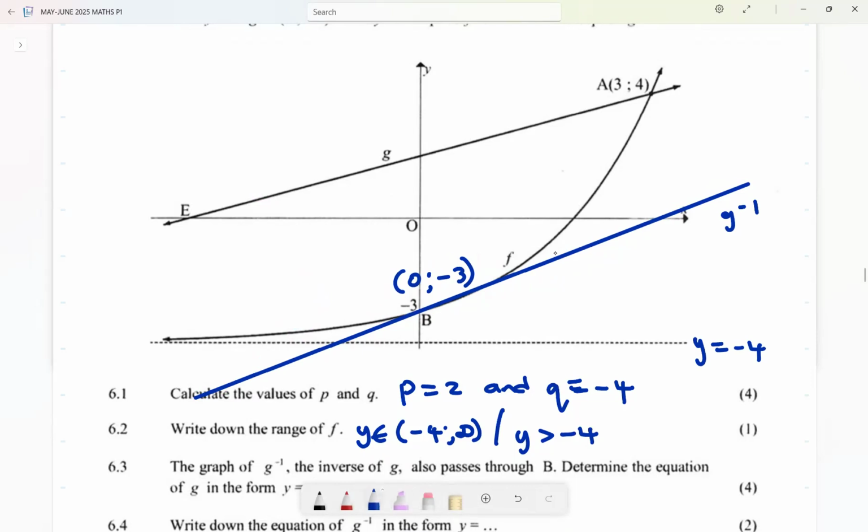So similarly here, if this is 0 and -3, the coordinate here of E is going to be x is equal to -3 and 0, and it makes sense.